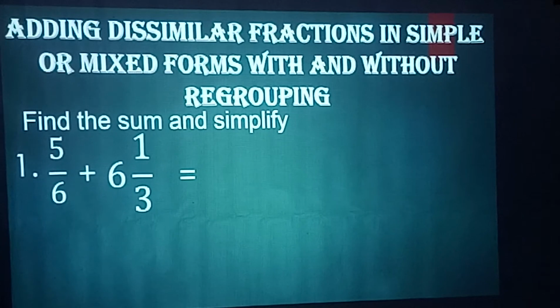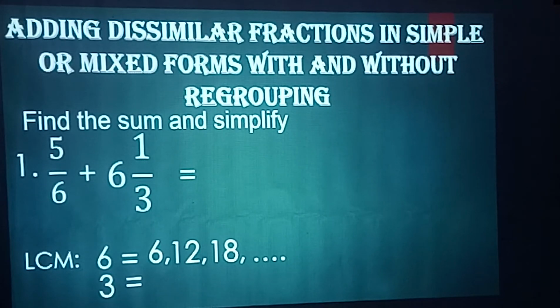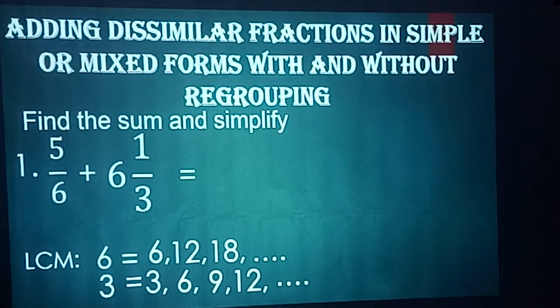So let me get first the multiples of 6 and the 3. And the multiples of 6 are, so 6, 12, 18, and so on. And for the 3, 3, 6, 9, 12, and so on.